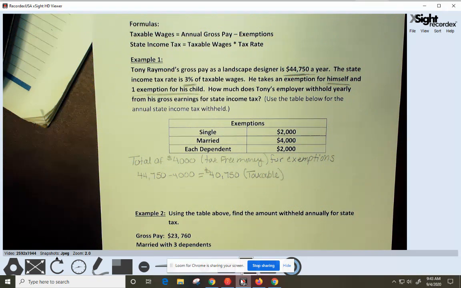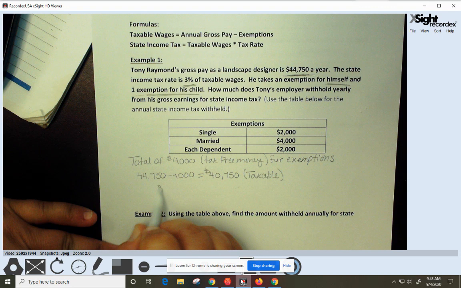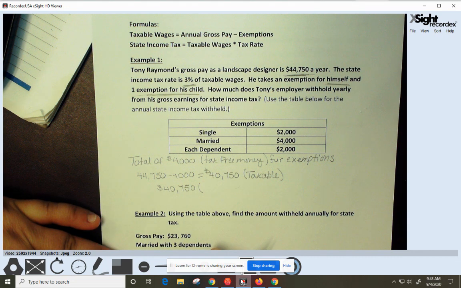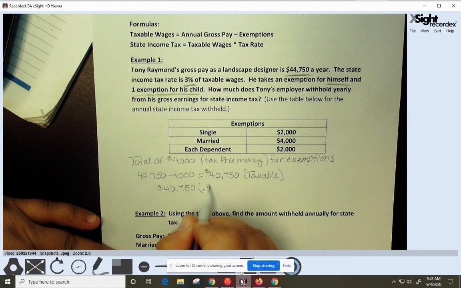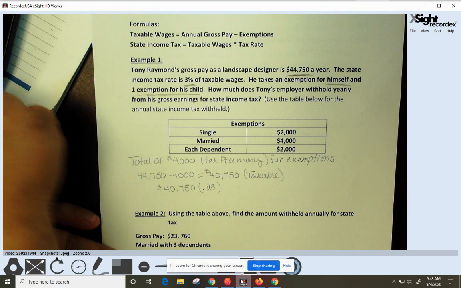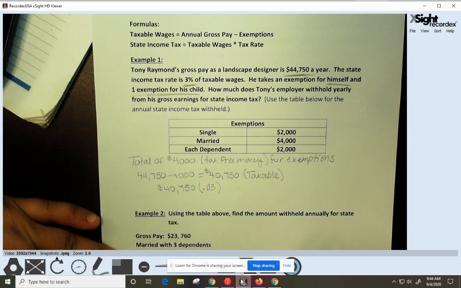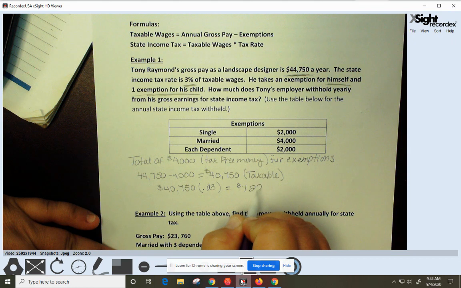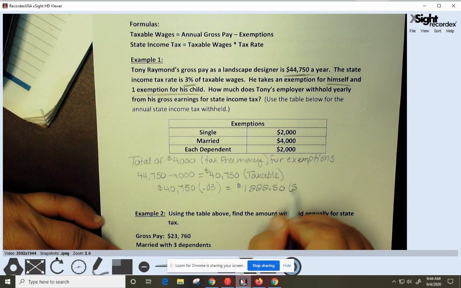Now, our last step is to take that taxable amount, $40,750, times his 3%. That's what his tax rate is. So $40,750 times 3%. He would have to pay $1,222.50 for state tax.